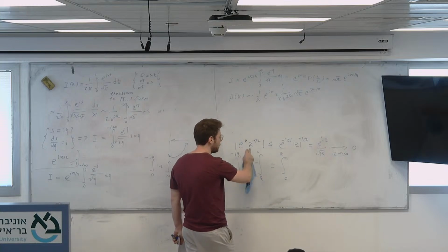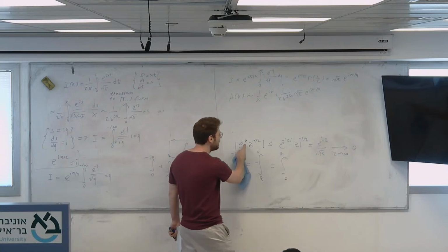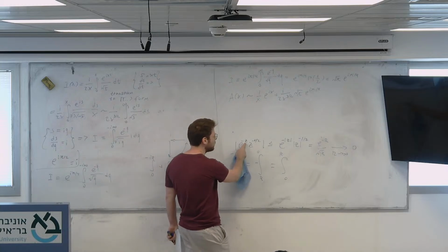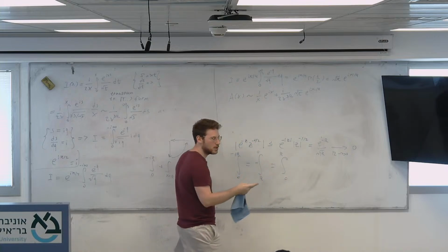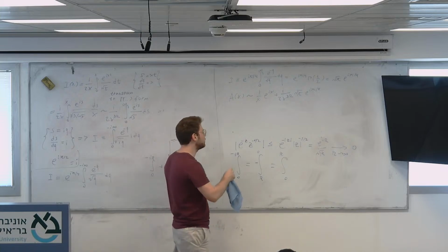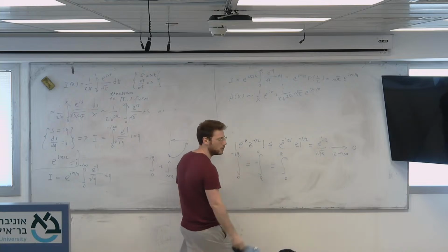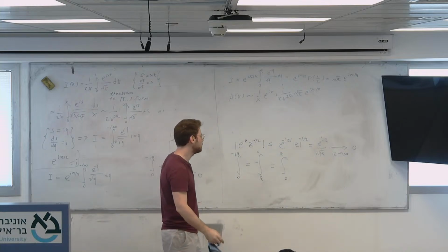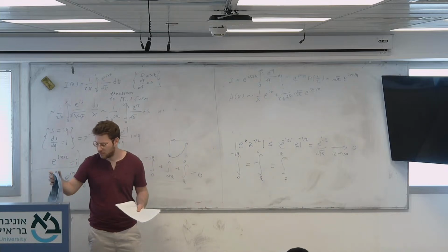So you take the absolute value, the absolute value of Z is constant, right? Because you're on the circle. So this would be smaller than the absolute value, that's it. So this is just complex analysis. Okay.